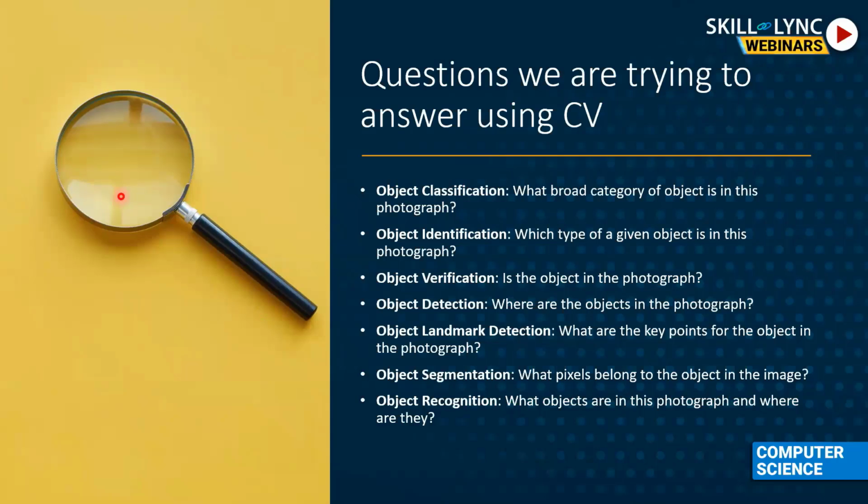We can also do some landmark detection using key points that are in the photograph. For example, if we are in a forest and there are a lot of trees and we want to know where we are, what we can do is label the trees as tree number 1, tree number 2, tree number 3, and we can decide our position with respect to the trees.